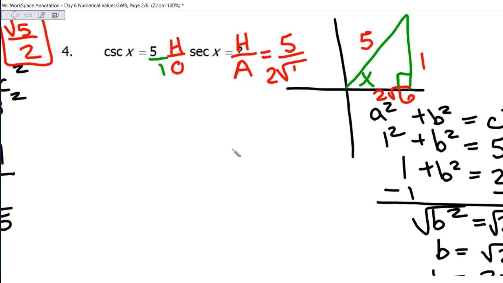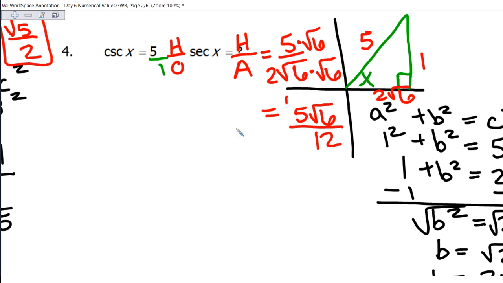Can I leave that as my answer? Rationalize. So both the numerator and denominator need to be multiplied by the square root of 6. So that gives me 5 square root of 6 in the numerator. Yeah, 2 times 6 would be 12. So 5 square root of 6 over 12. Okay, I want you to do number 5.